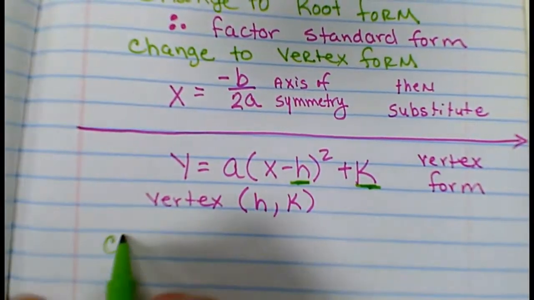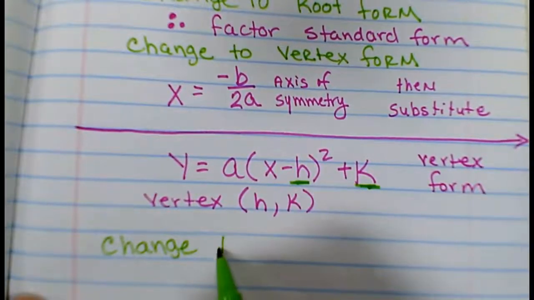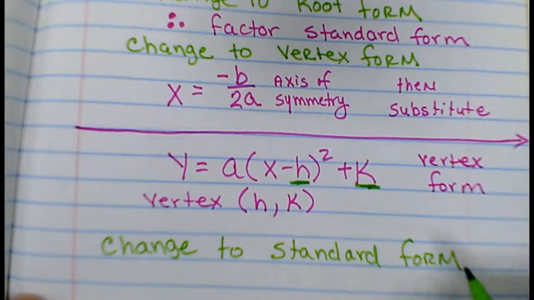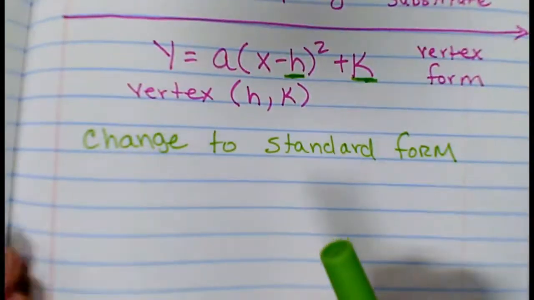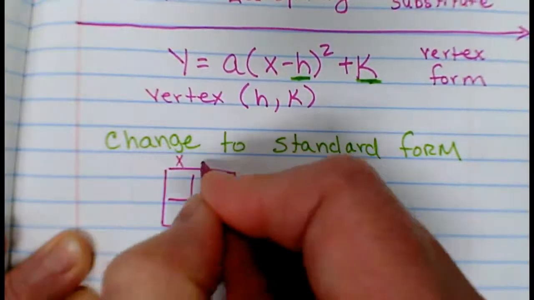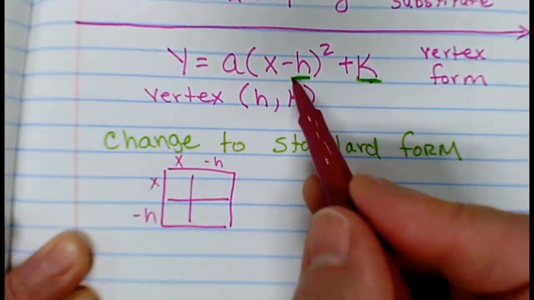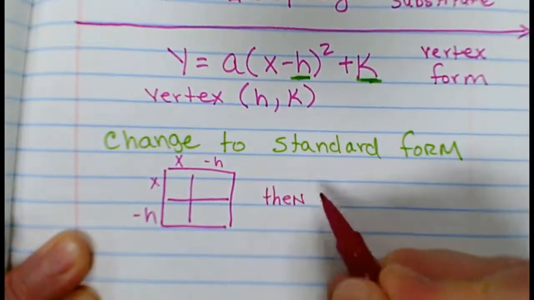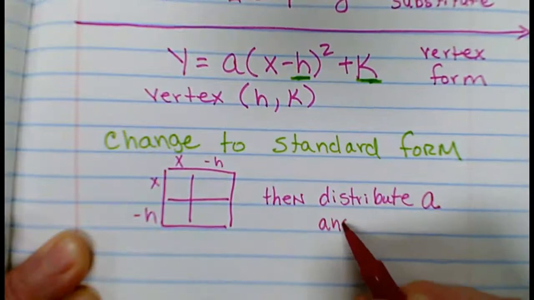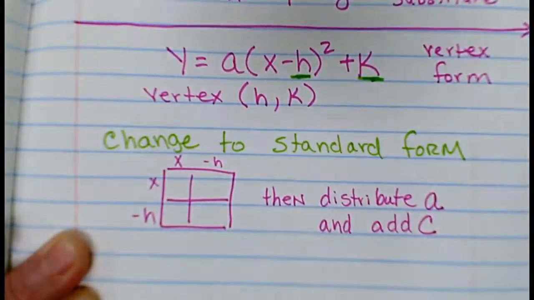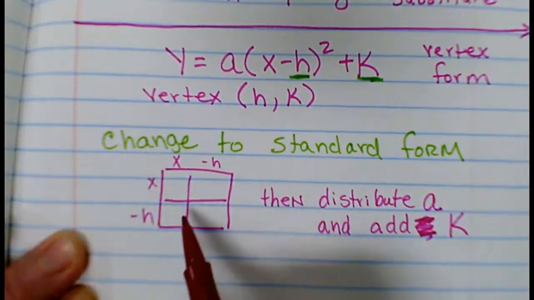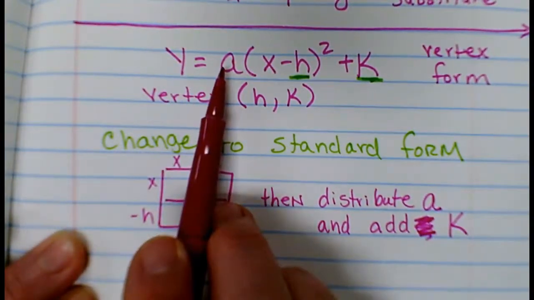How do you change from the vertex to standard form? You're going to use a box problem to multiply out the parentheses, then distribute A and add, I should say, and add the K. Some people just did the box problem and they forgot about distributing this number.